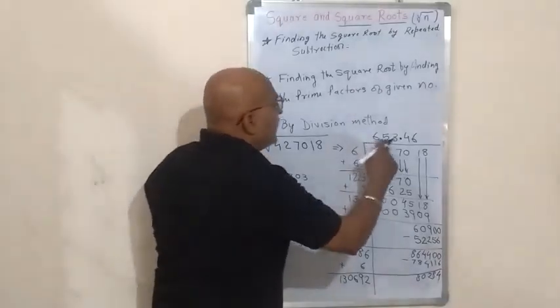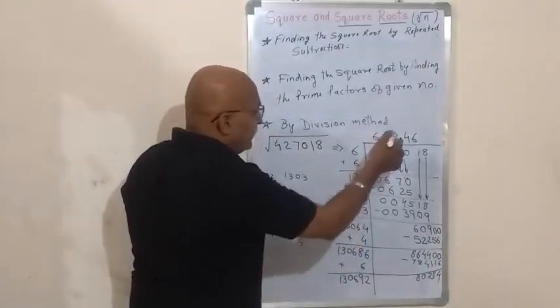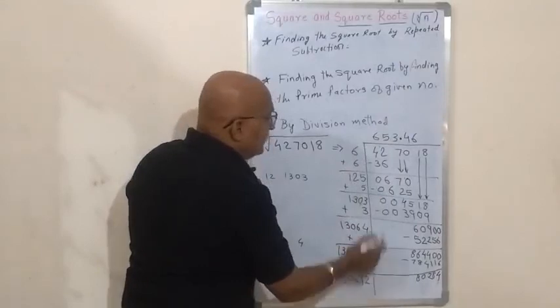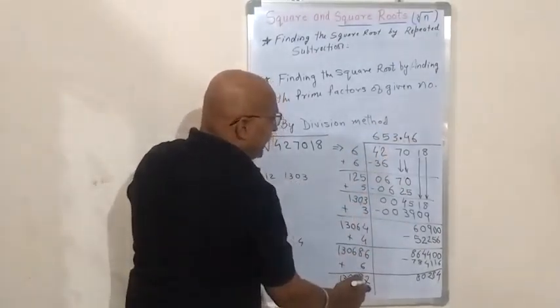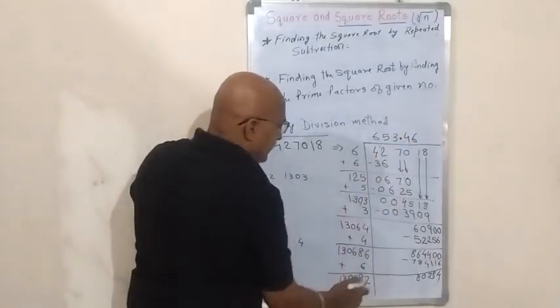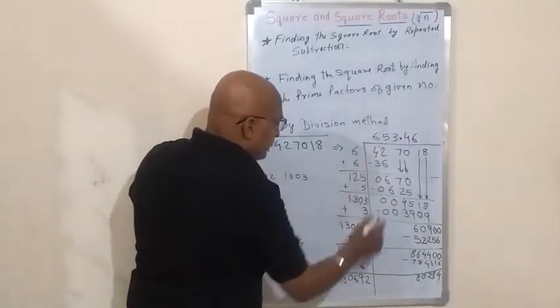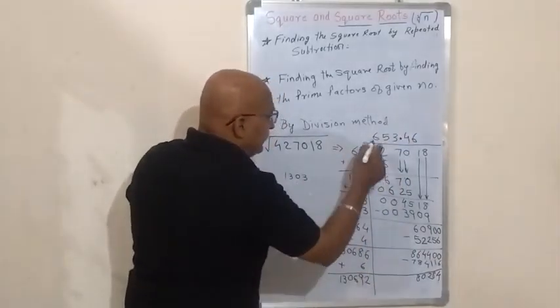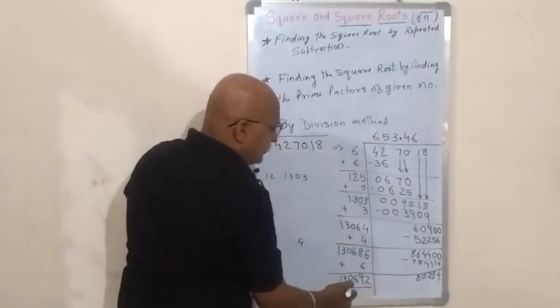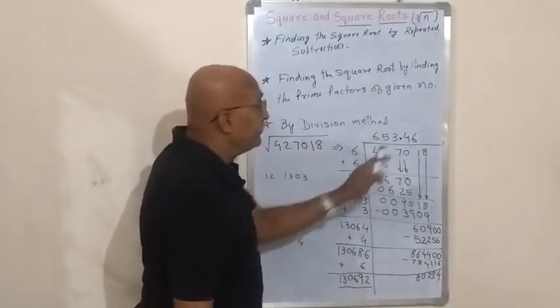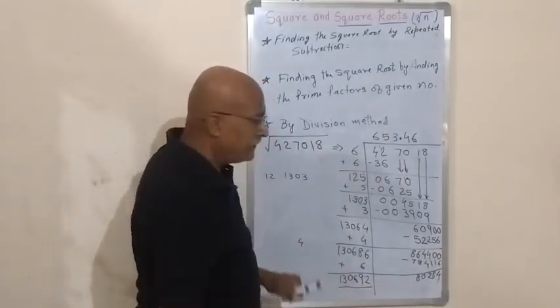If you multiply this by 2, what do you get? 6 2s are 12, carry over 1. 4 2s are 8 and 1 is 9. 3 2s are 6. 5 2s are 10, 0, carry over 1. 6 2s are 12 and 1 is 13. So this is twice of this if you don't consider the decimal.